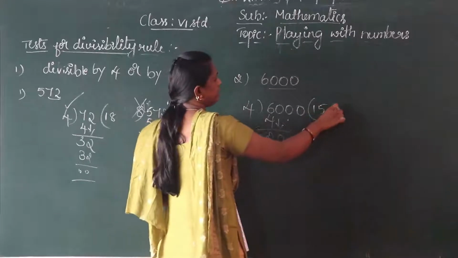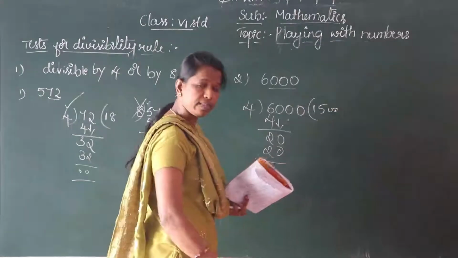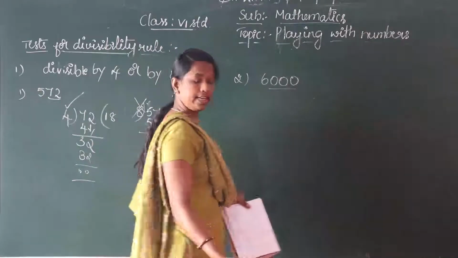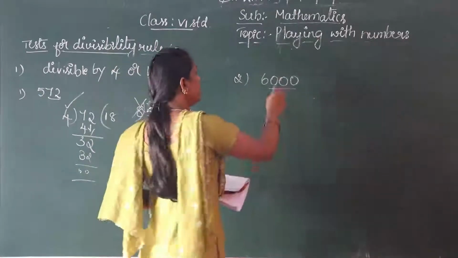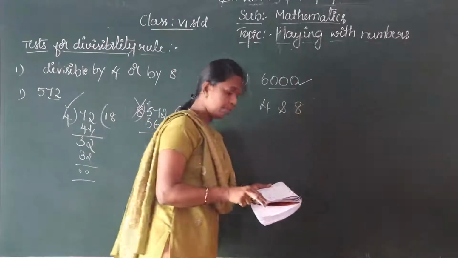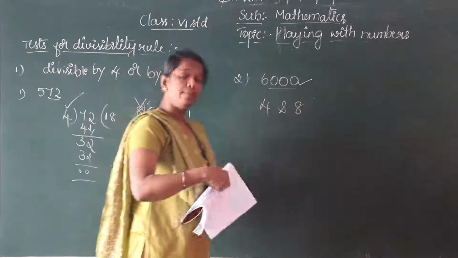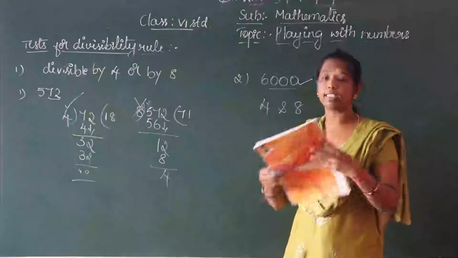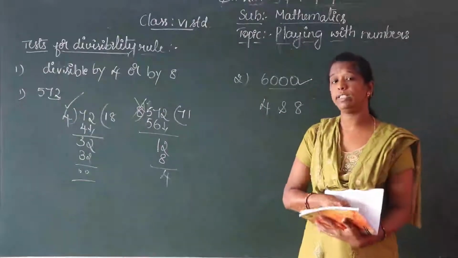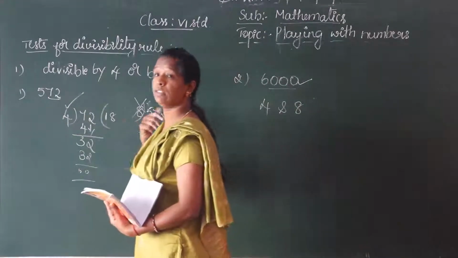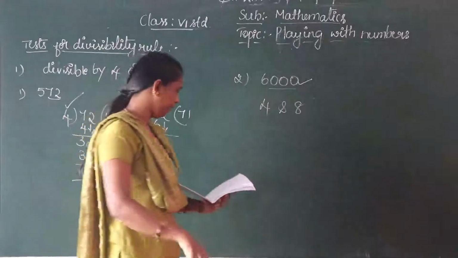The remaining are zeros, so it is easily divisible by 4. And we know directly that this number is divisible by 4 and also 8. Clear, children? So when we divide by 4, take the last 2 digits, and if we divide by 8, take 3 digits of the number.